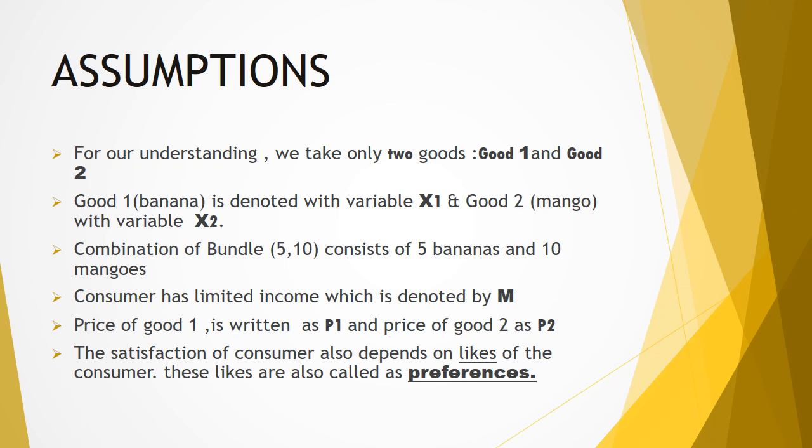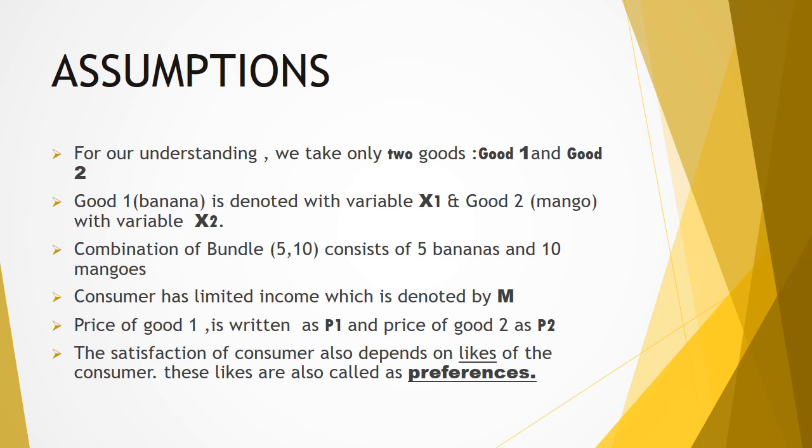And the combination, or bundle. Example, if a consumer is purchasing 5 units of banana and 10 units of mango, we write it as the combination (5, 10). And next, we are talking about the rational consumer, a person who has limited income.